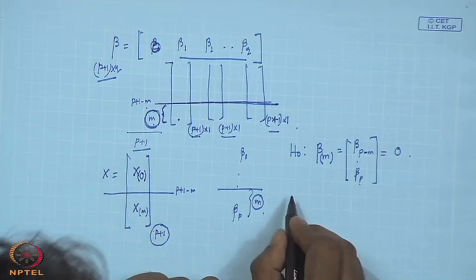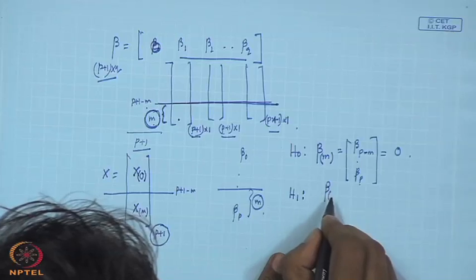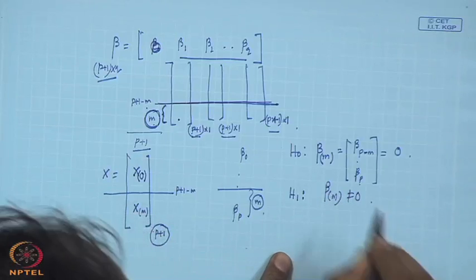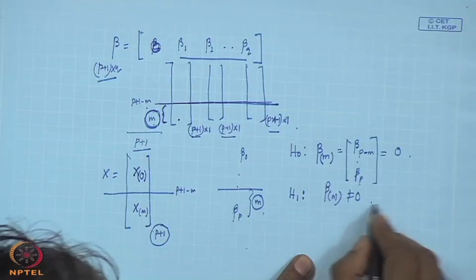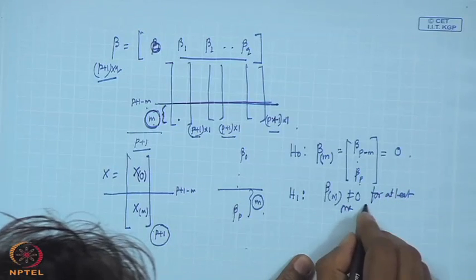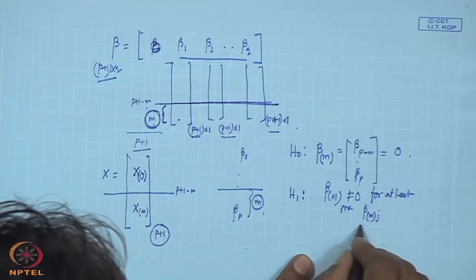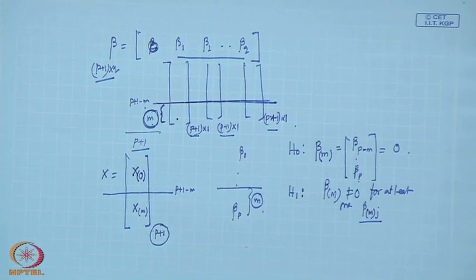Then H1 is that beta m is not equal to 0 for at least one beta m j. That means the variables you are discarding are not to be discarded, they are also contributing.